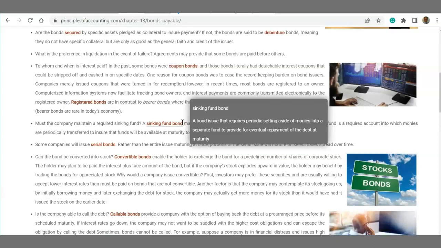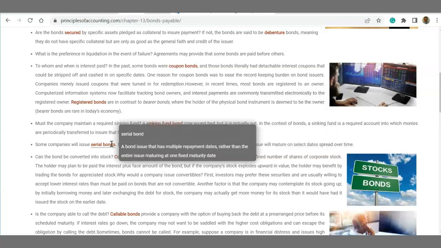This extra fund will be like a savings account, and every month or every quarter or every 6 months, the issuer puts something aside, because let's say 10 years later they need to pay the bond, they already have the fund available. So it's just like a savings account.